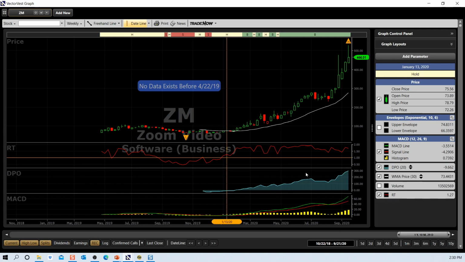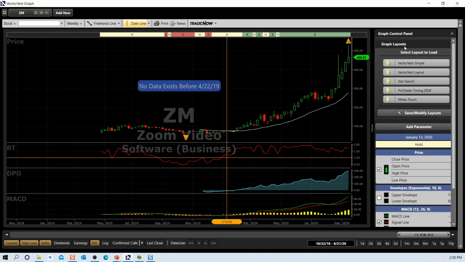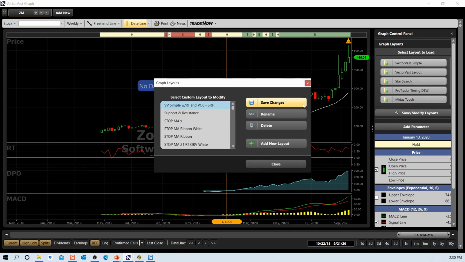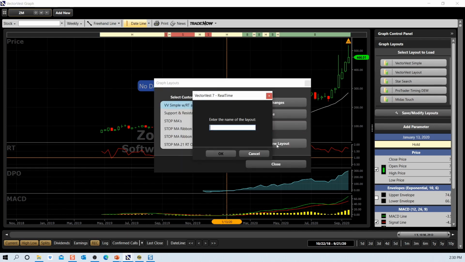And if you like the color scheme and the levels that I've set here, you would just click on Graph Layouts, save and modify, add new layout, and just give it a name, RT perhaps, DPO, MACD, and I put in BS for the black screen.